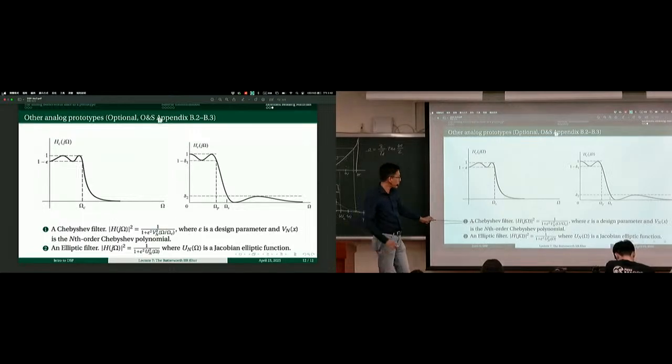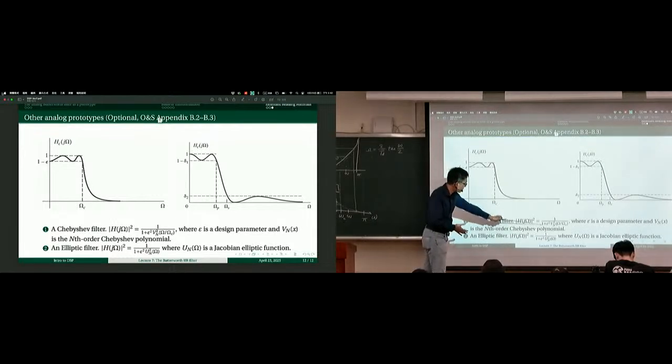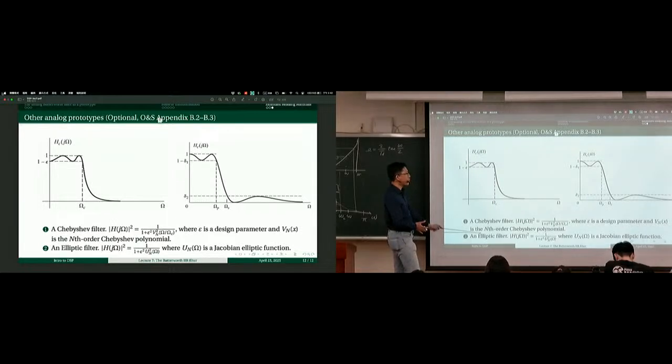Okay? And in Chebyshev filter, the magnitude response has also a pretty nice expression, monotonically decreasing when omega is greater than the corner frequency. Okay? So here Vn is the nth order Chebyshev polynomial. It's a polynomial.